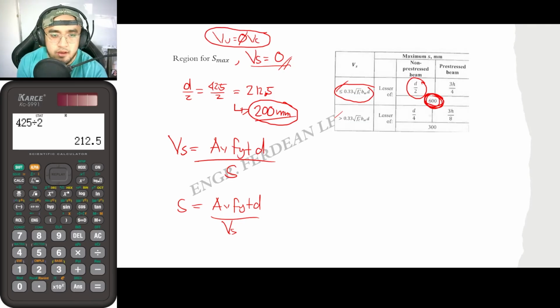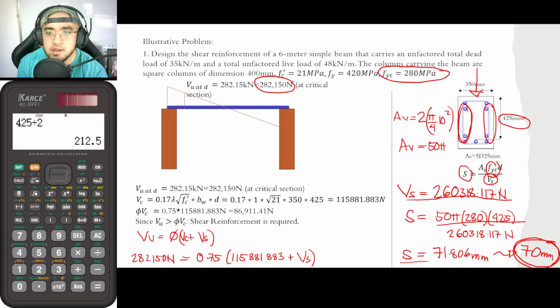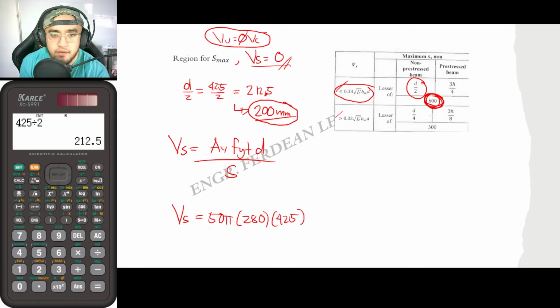Proceeding, substituting known values, Vs is equal to, as per our previous computation, Av is equal to 50 pi. So 50 pi times fyt of 280 times d of 425 divided by s, and the s that we are solving for is 200 mm.